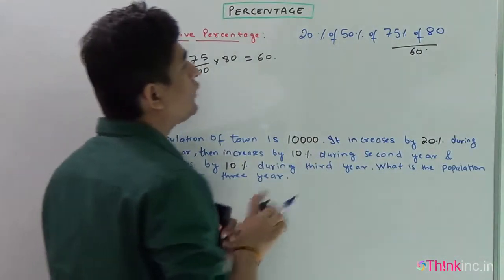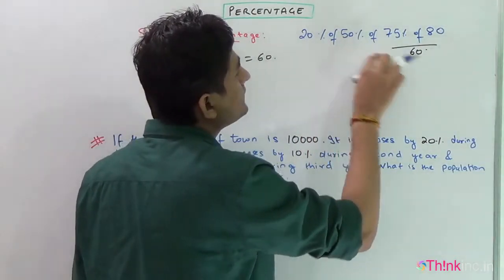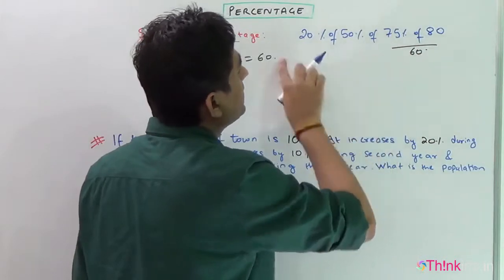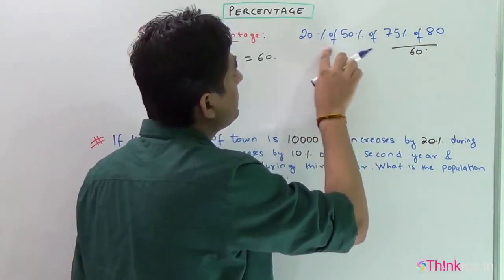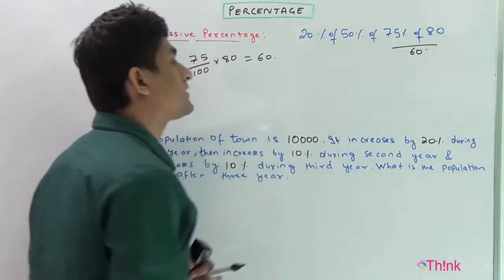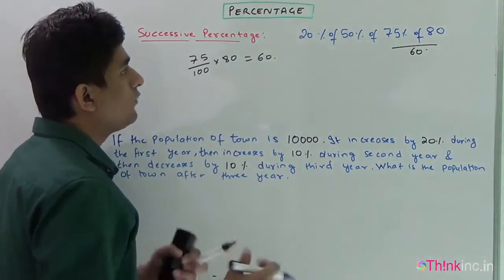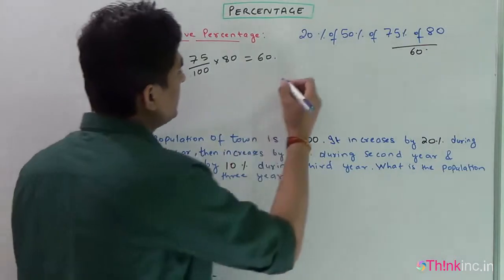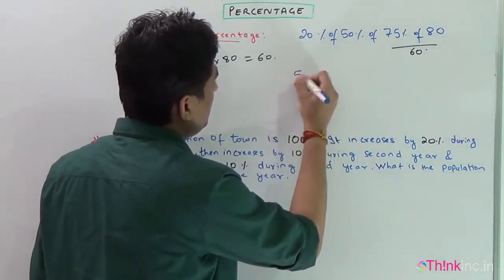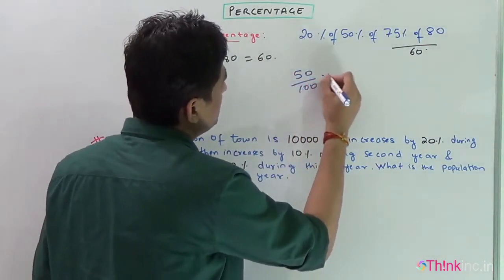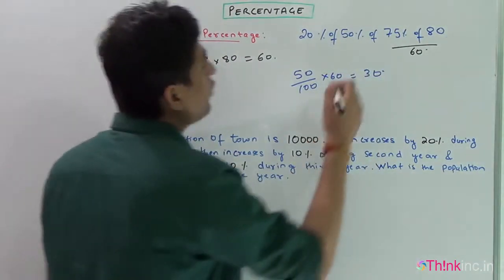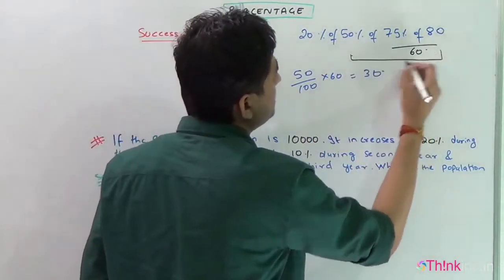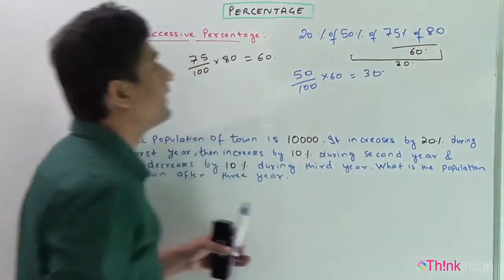Now we have to calculate the value of 20% of 50% of 60. Instead of calculating the whole, now we have to calculate the value of this 20% of 50% of 60. Okay, and now we'll move further like this. 50 by 100 into 60 will give 30. Now the value of this whole expression is 30.